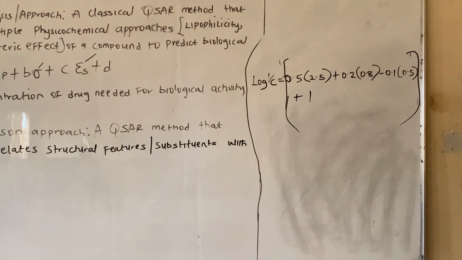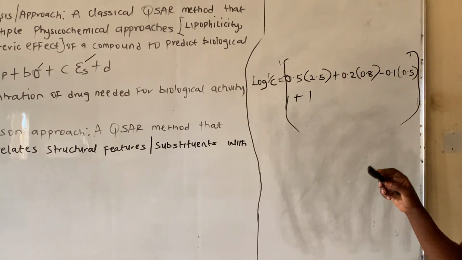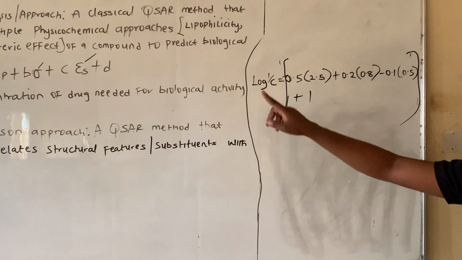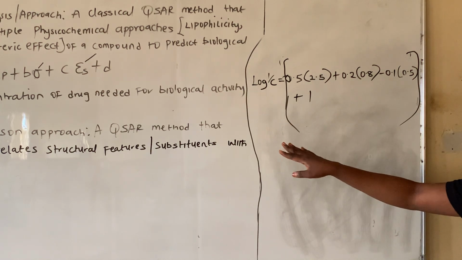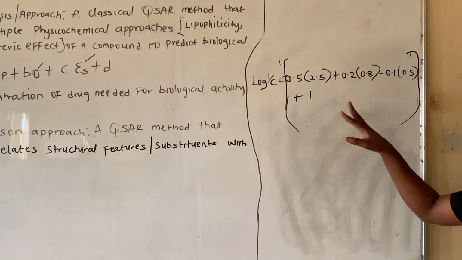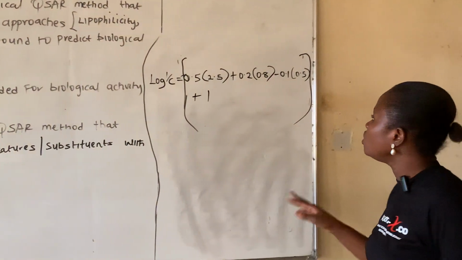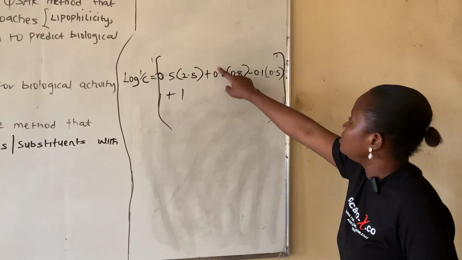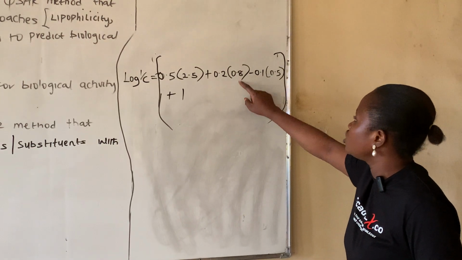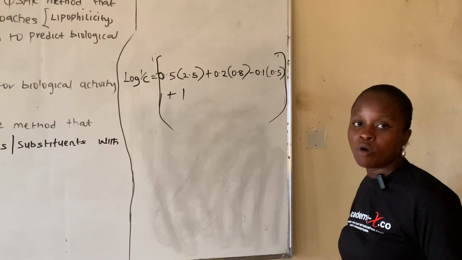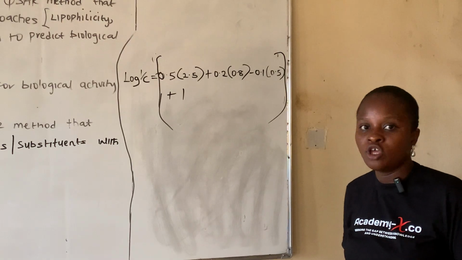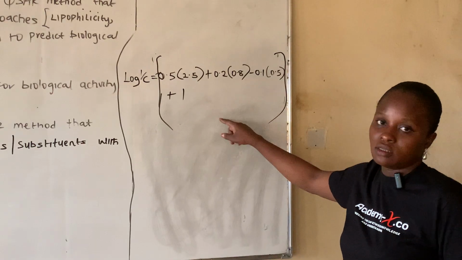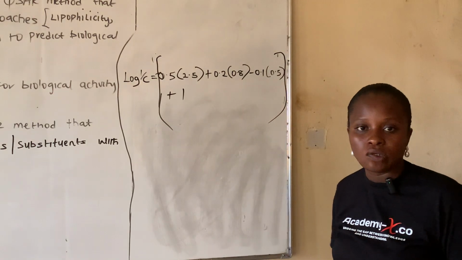When we discussed electronic effects, we said that electron withdrawing groups increase the electronic effect of a substituent on a molecule. So it means that if we are having 0.2 here as the regression coefficient and also 0.8, the more the electron withdrawing group, the more the biological activity of that particular lead compound or molecule.